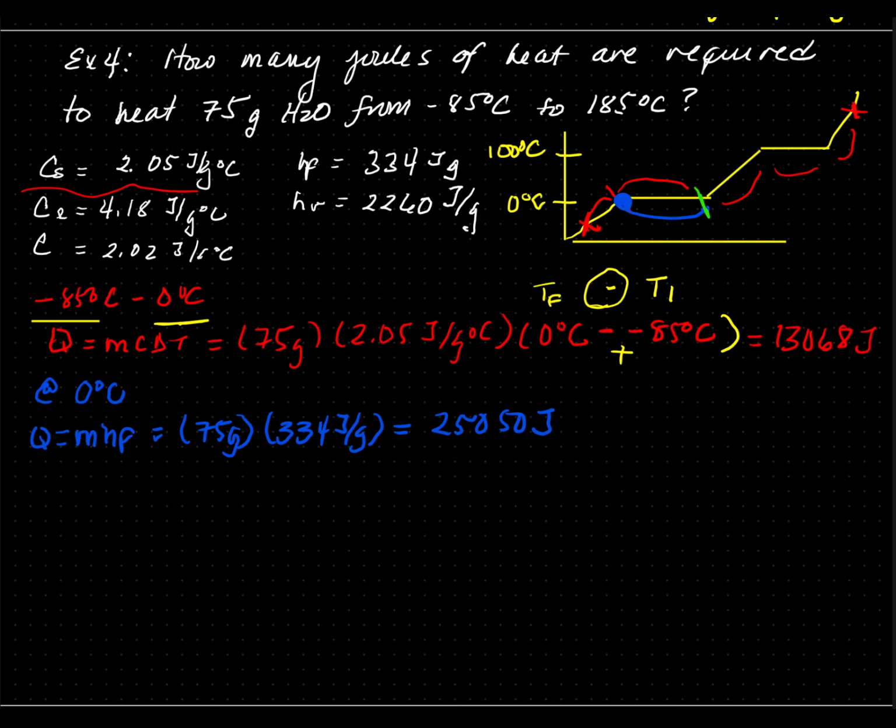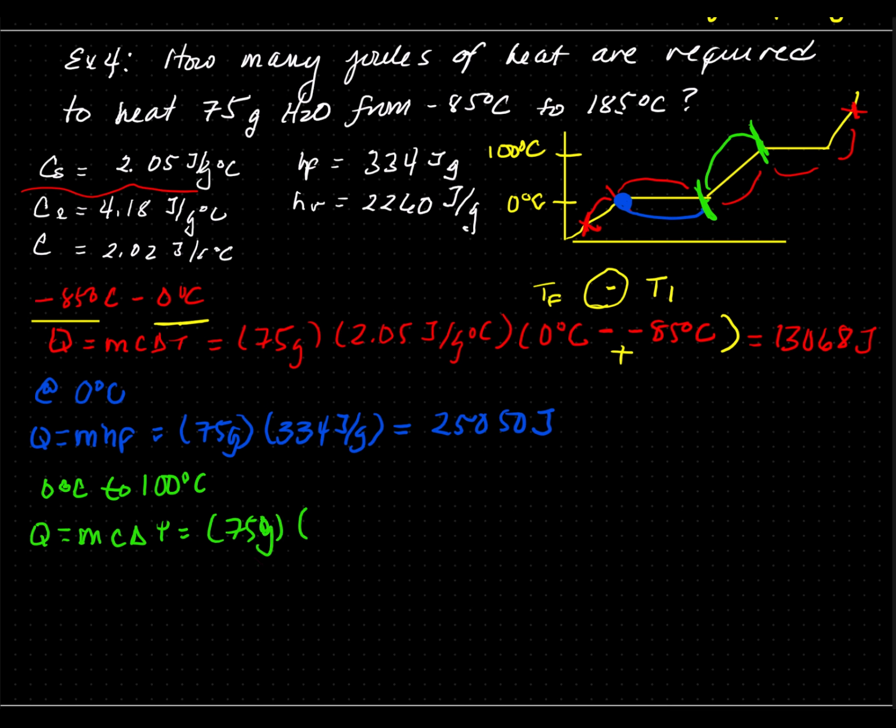So we are here at 0 degrees water, and we have to raise the temperature to 100 degrees water. That is going from 0 degrees Celsius to 100 degrees Celsius. My equation is, again, Q is equal to mC delta T because there is a temperature change. My mass is still the same because it's the same substance.